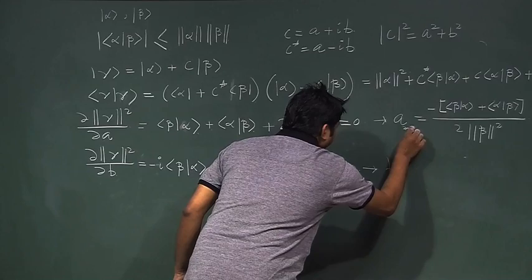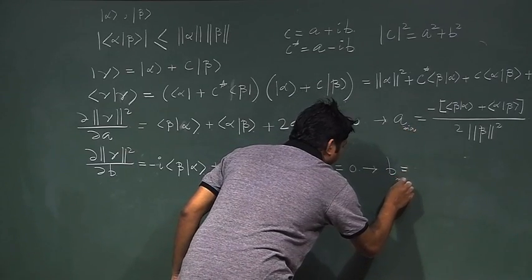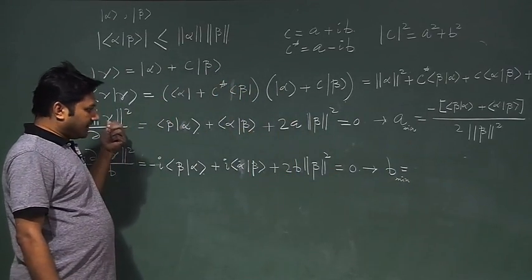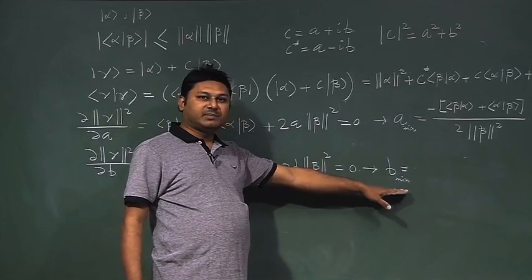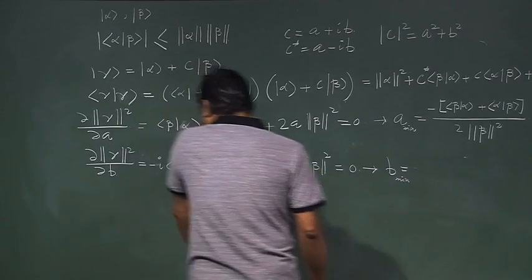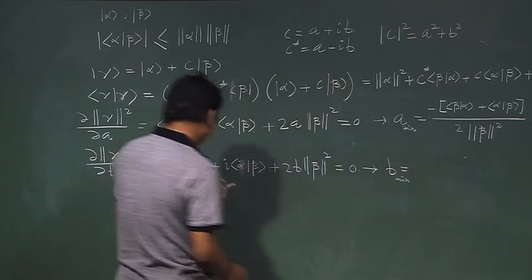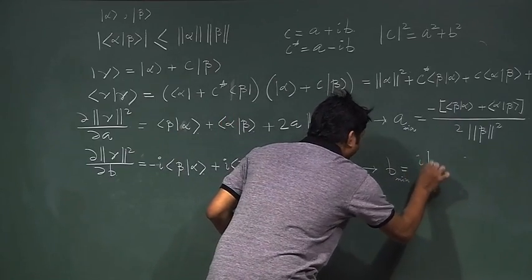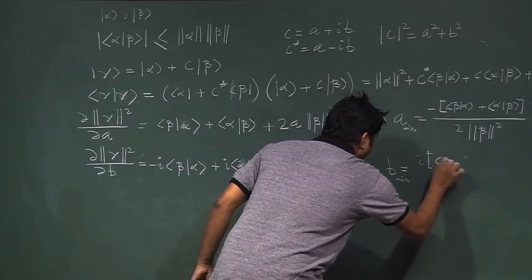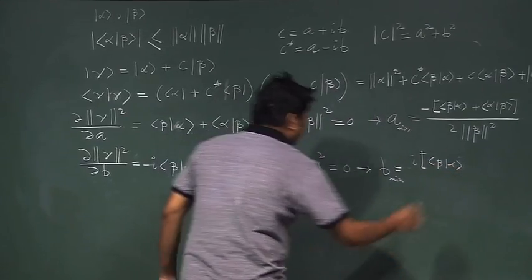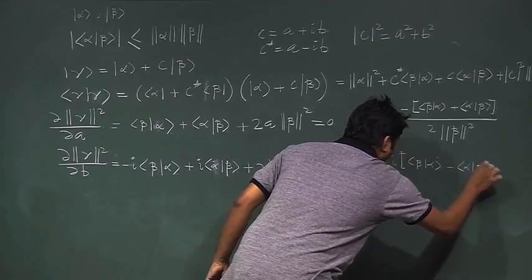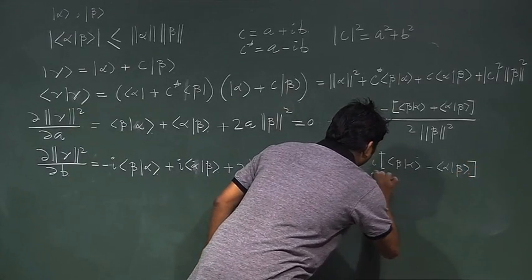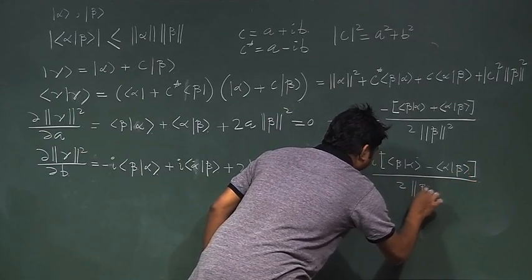I should say this is the minimum because I try to find the values of a and b in such a way that this quantity becomes minima. So, it is a specific value, and because it is a specific value I put the term minima here. Now, I will find that b is i multiplied by beta alpha minus alpha beta, because I am taking this to that side, divided by 2 of the norm square of beta.